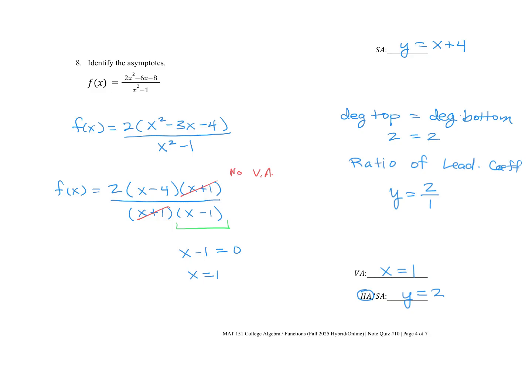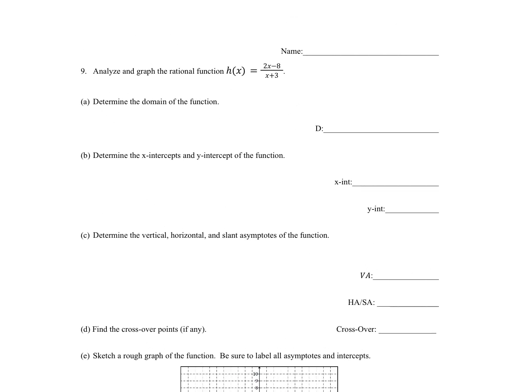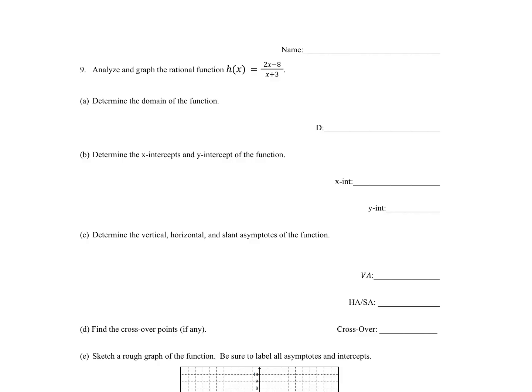All right, so the next problem is going to have us going through and doing a much more detailed analysis and having us actually sketch a graph. So let's do that next. For the next problem, we're given a simple rational function, which is (2x minus 8) divided by (x plus 3). First thing you want to do is find your domain.